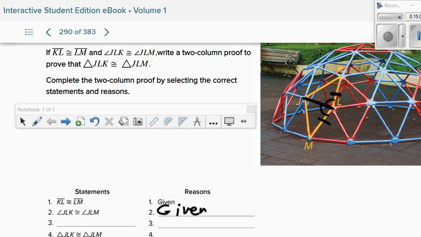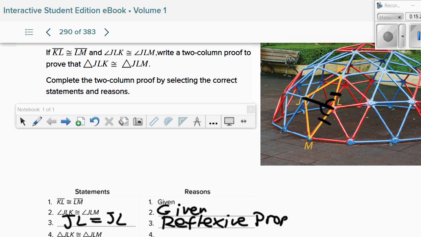And in this case, they do. So I could say that JL is equal to JL by the reflexive property. Okay. So that should be automatic for us. We should be able to say that right off the bat.